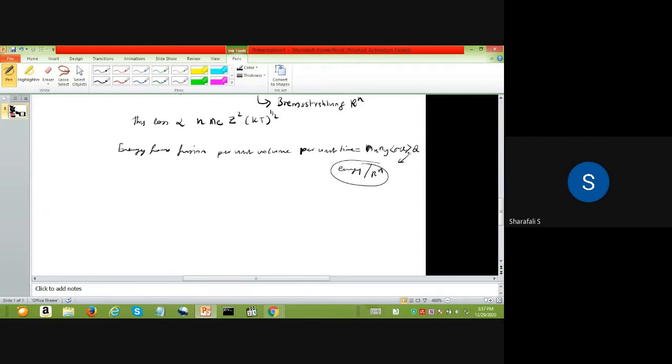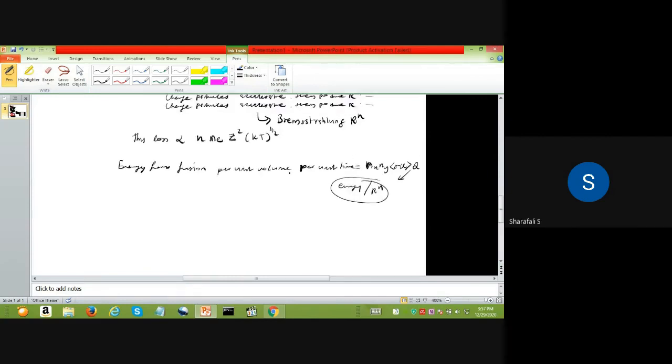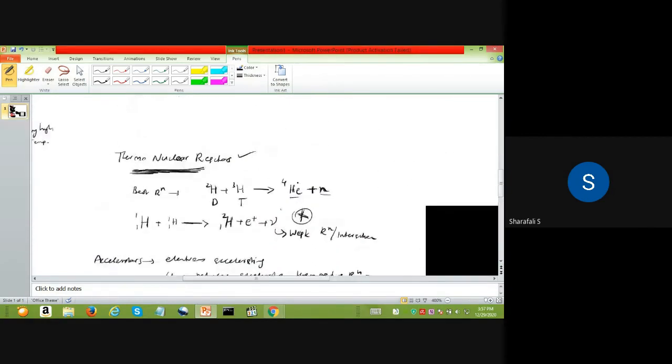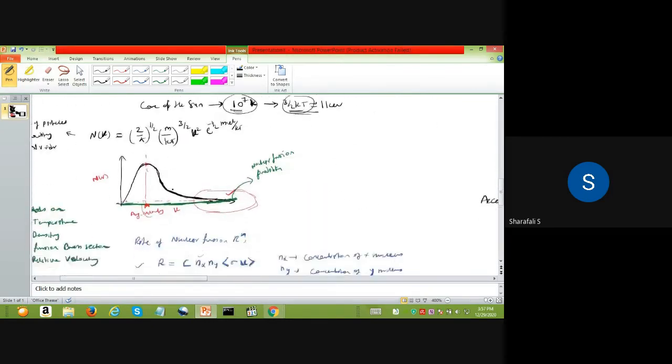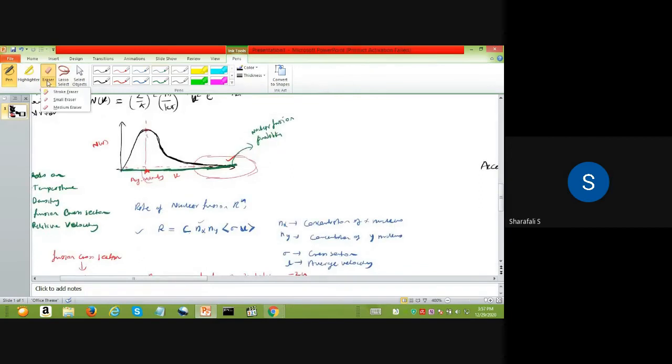Then that much times q will be the energy per unit time per unit volume of sample. I think I have given some constant in that rate before, but it is not required here. Keep it in mind.